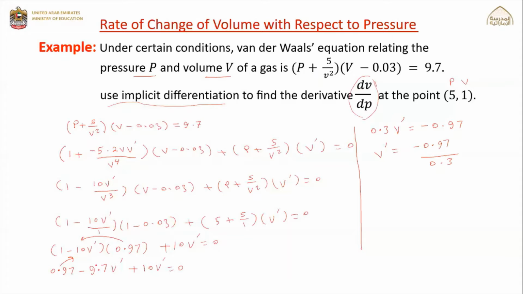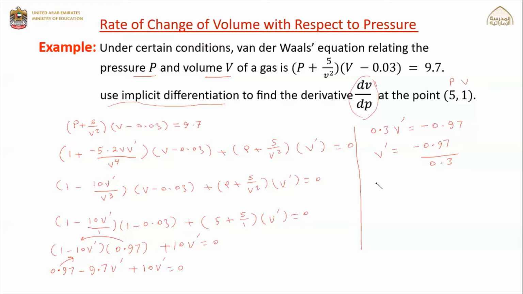Let me check again the product here. I will change the color. So minus 0.97 times 1 is 0.97. Then 0.97 times 10V' will be 9.7V', plus 10V'. Now 10 minus 9.7 is 0.3.